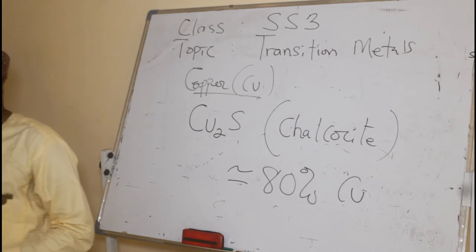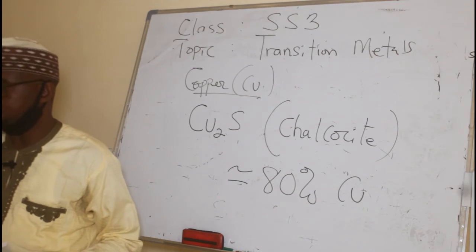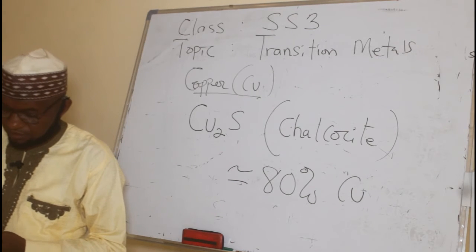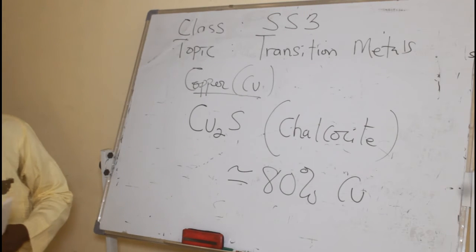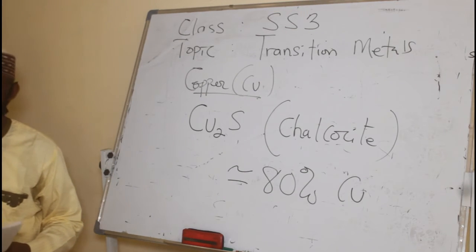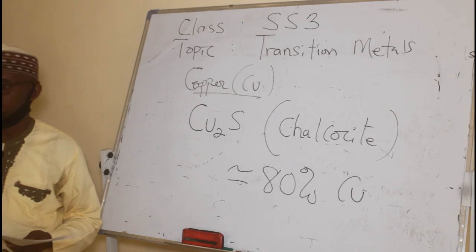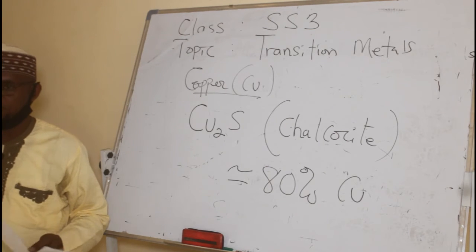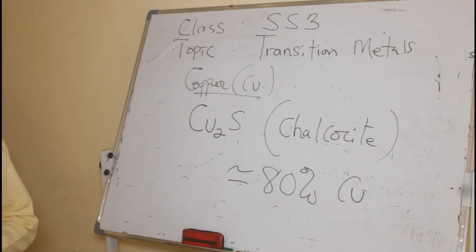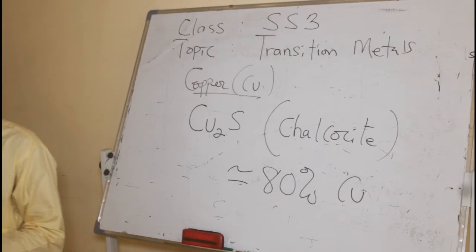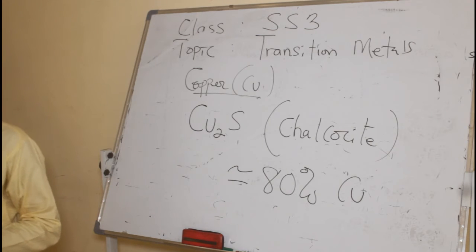Then now we are going to see the extraction, just like other previous methods we have been discussing. I would like to briefly discuss how we get the pure copper from the ore. First of all, there is a pre-treatment, as usual, like any other ore. As I have said, the ore normally comes in large lumps. Sometimes you have to subject it to a pre-treatment process.